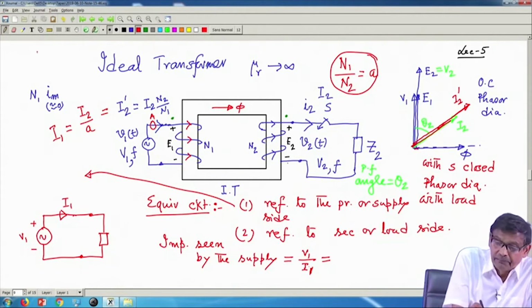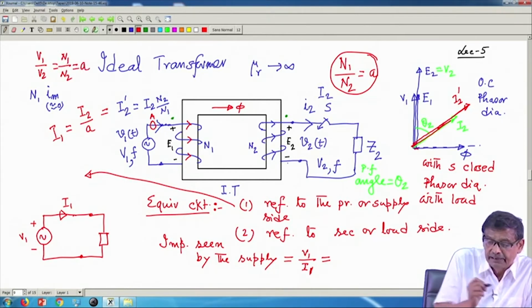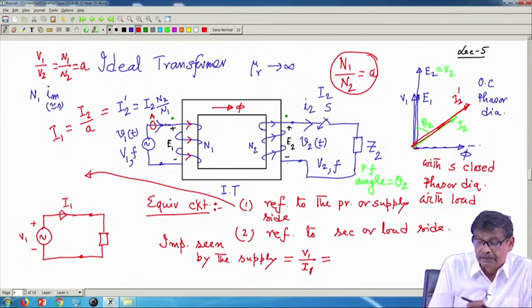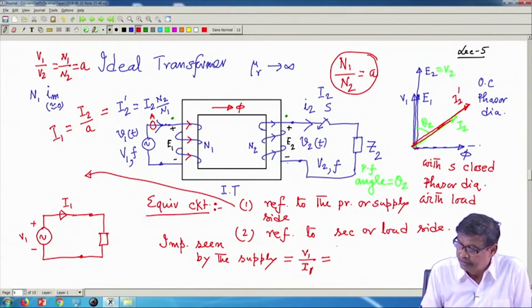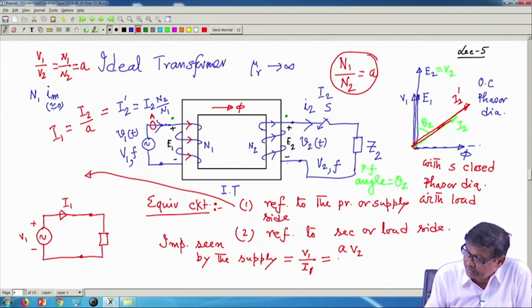I know that V1 by V2 is equal to N1 by N2 is equal to a. Therefore, I can write V1 is equal to a V2, divided by I1.